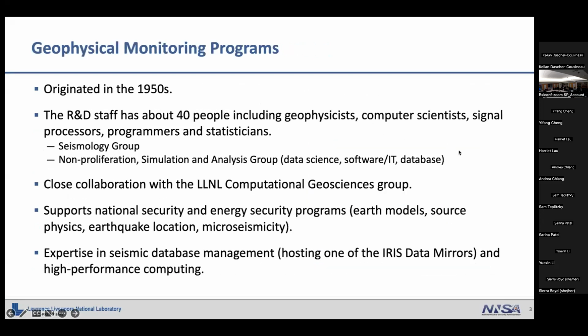So a little bit about the program that I'm under. It's a little bit complicated, but we have several groups of different seismologists, computer scientists, and programmers under the same program, the geophysical monitoring program. That includes seismologists like me and Artie, but we also have quite a few people from what I call the computation group, who are basically all the software developers.